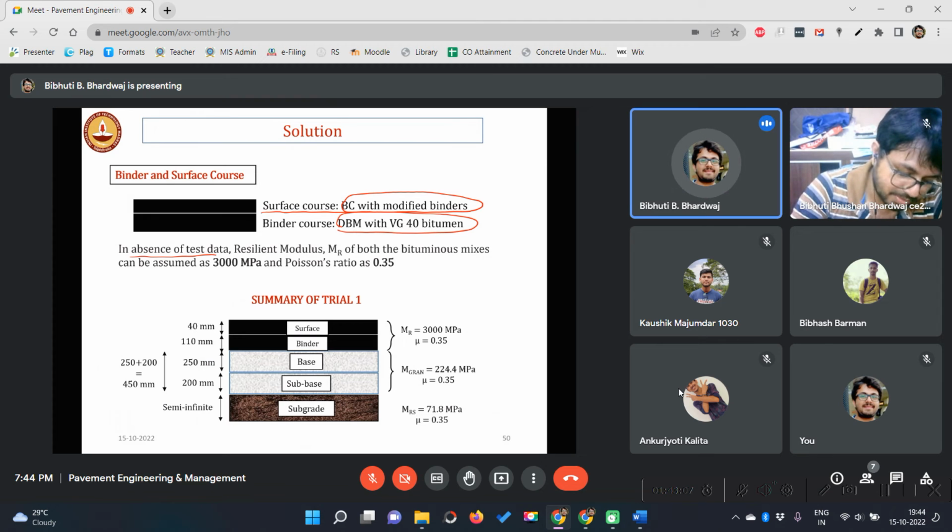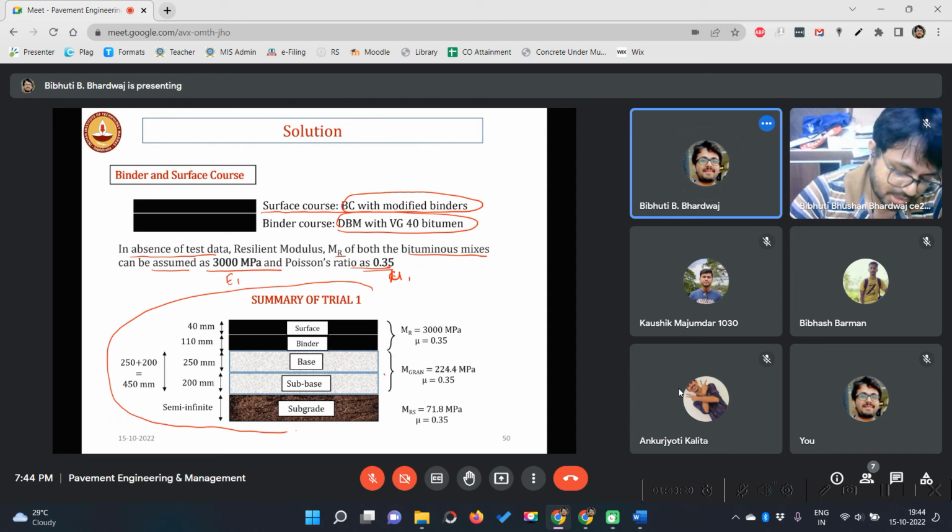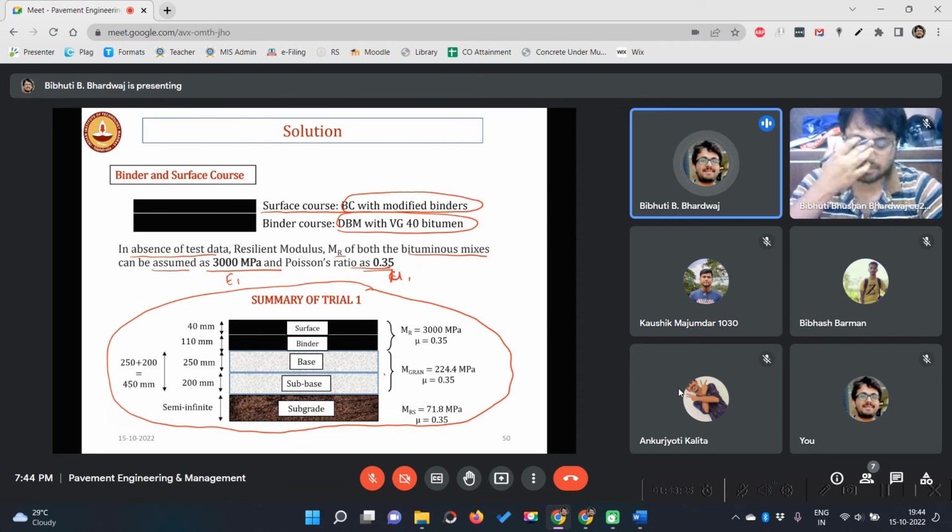So in absence of test data, for both the bituminous mixes, this becomes your E1, this becomes your mu1. This is the summary of trial 1. Trial 1 we still need to analyze, to find out the strain. Can you draw this figure accurately, because we will be needing it while finding out the strain values tomorrow.